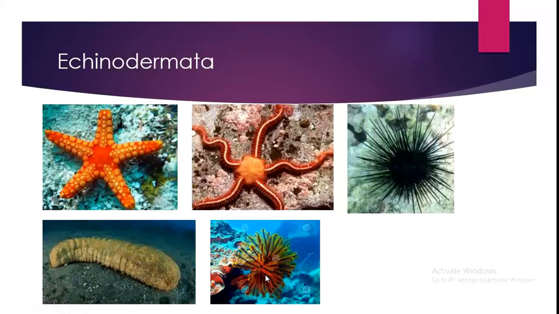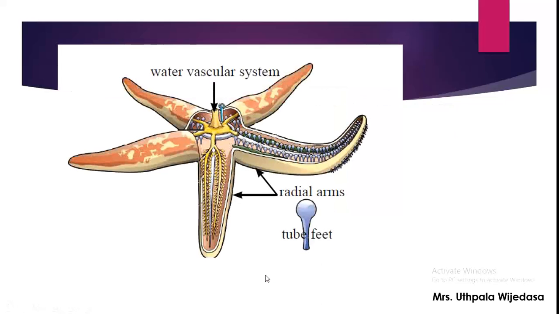They have a highly distributed water vascular system. Tube feet present along the radial arms are important for locomotion as well as for respiration.